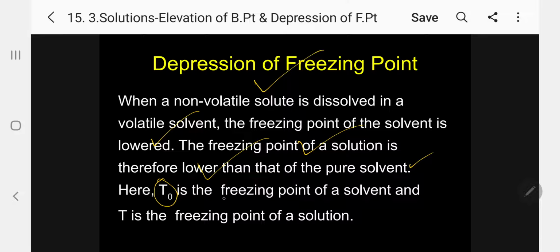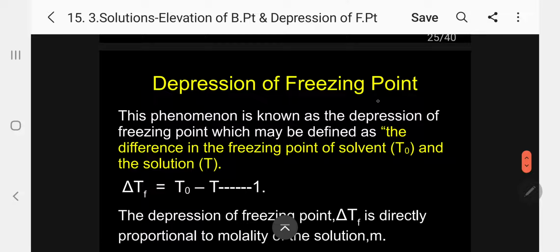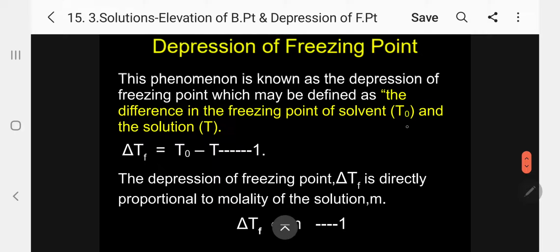Here, T naught is the freezing point of solvent and T is the freezing point of the solution. This phenomenon is known as depression of freezing point, which may be defined as the difference in freezing point of solvent and the solution.